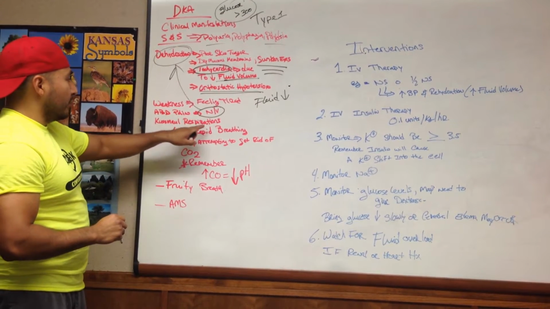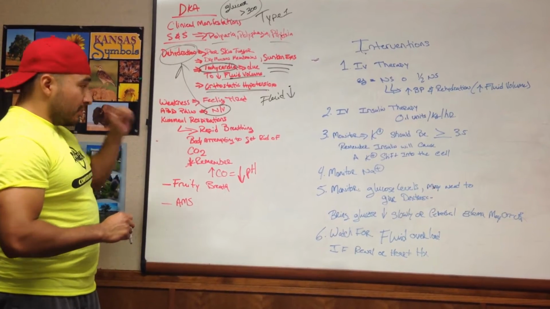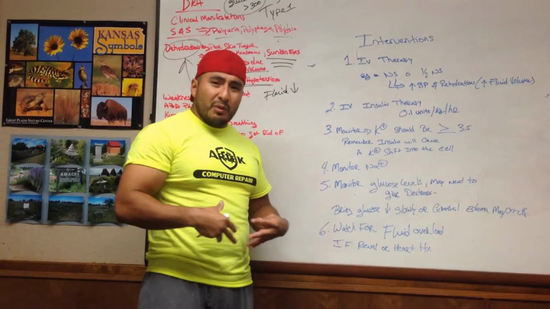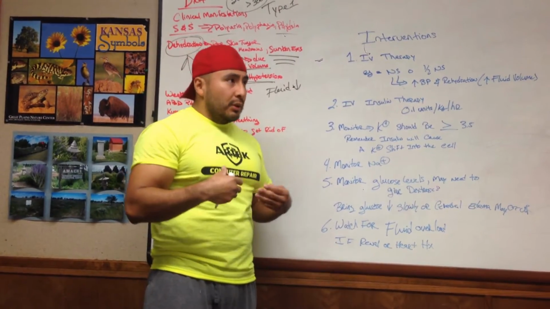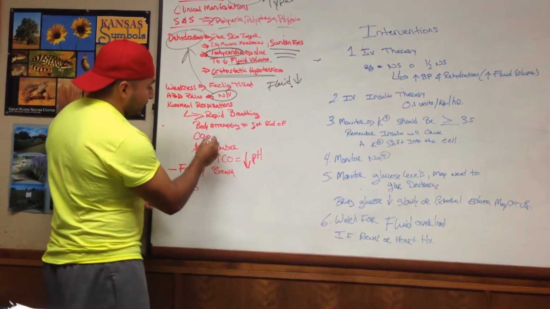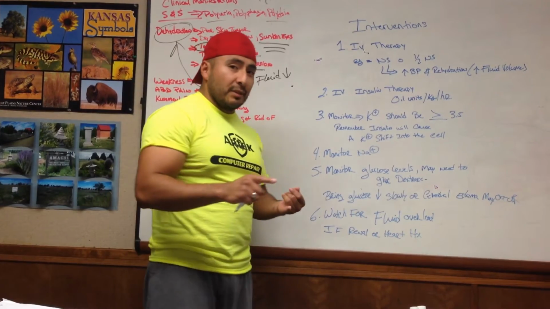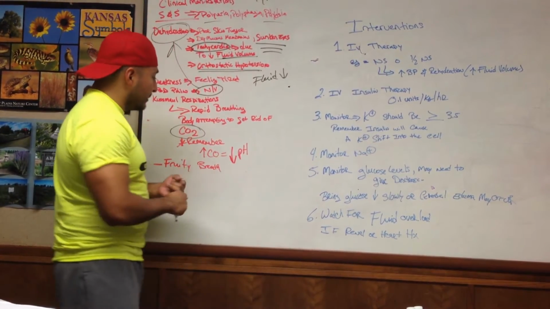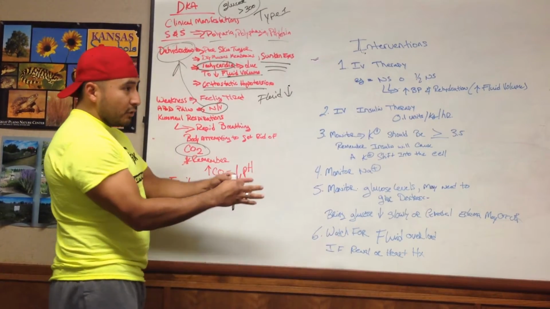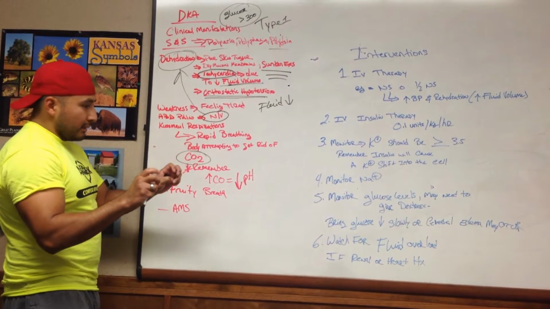Now, Kussmaul's respirations, make sure that you monitor for this, that you check to see if your patient is suffering from this. You're breathing more abdominal breathing than diaphragmatic breathing. When you're breathing rapidly, you're blowing off CO2. Now, if you remember this from acids and bases, which we'll talk about later on, anytime you blow off CO2, you're getting rid of, let's say, acid, okay?